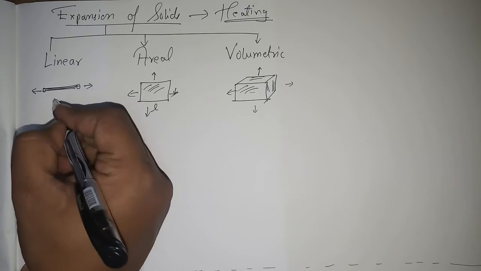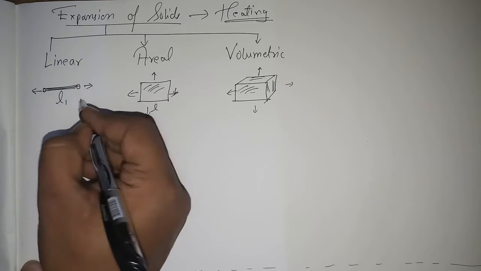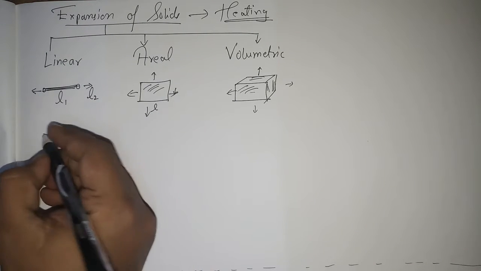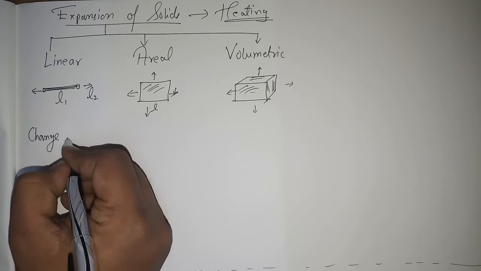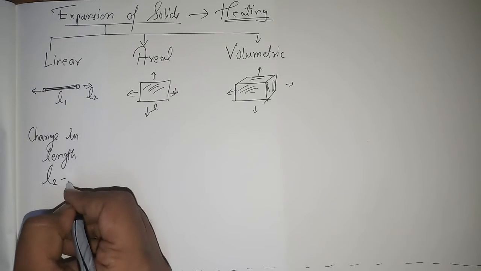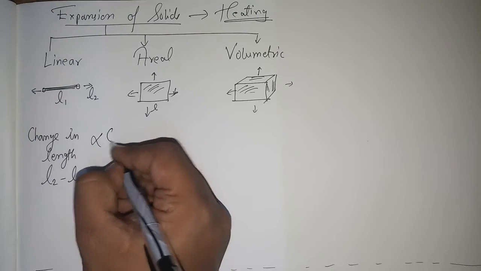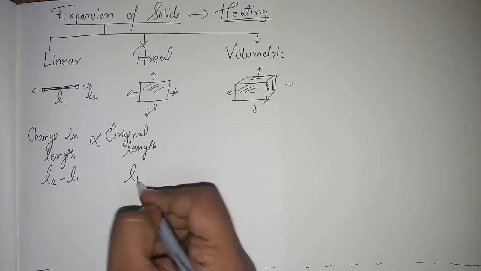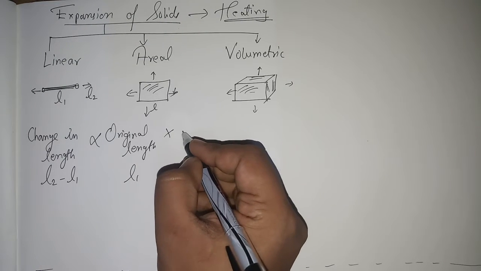Let the initial length of a particular rod be L1, and after expansion let it be L2. The change in length, that is L2 minus L1, will be directly proportional to its original length, that is L1, and the change in temperature.